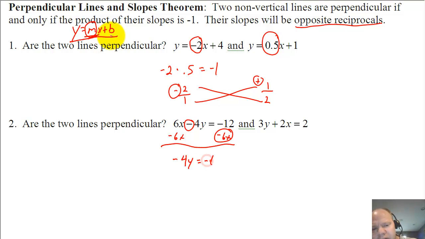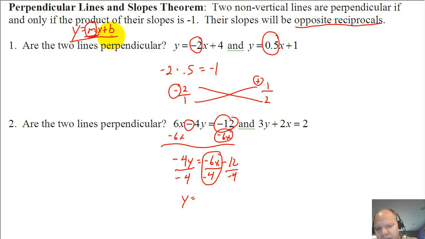So I have -6x minus 12, and that minus sign goes with it. Then I'm going to divide by -4 to each term, and when I do that I'm left with y equals, and now we want to simplify this. I can take the number and write that as a fraction out front.